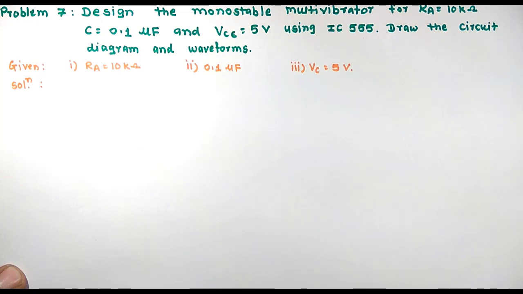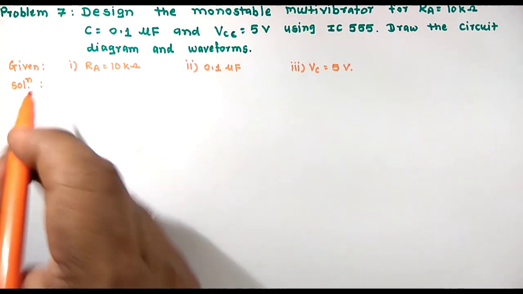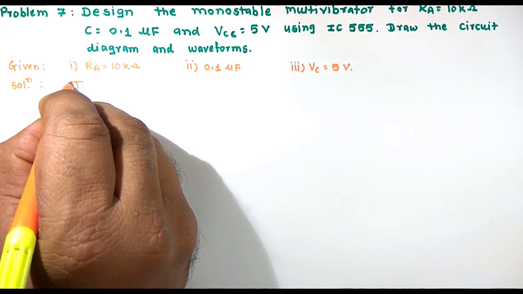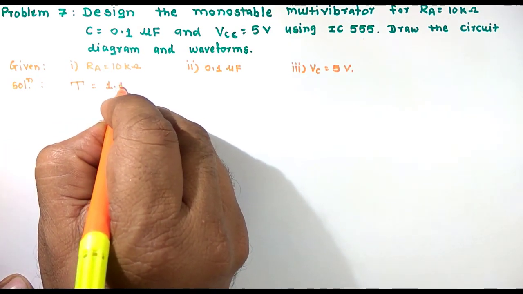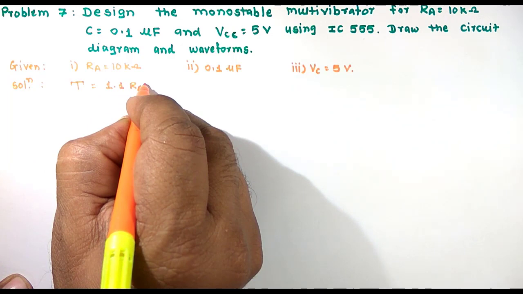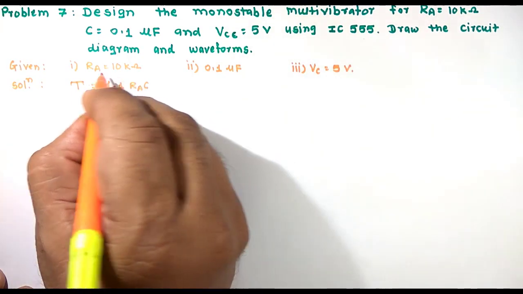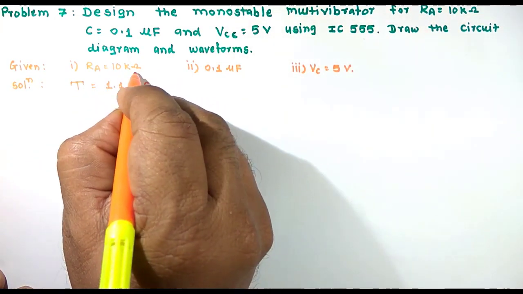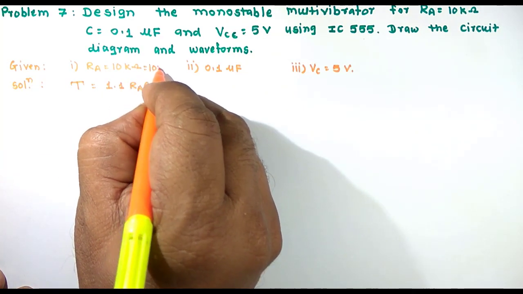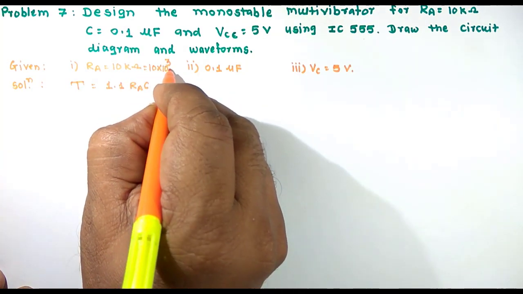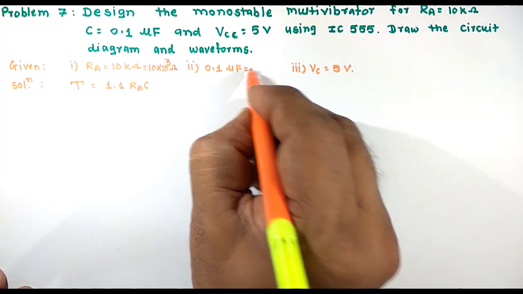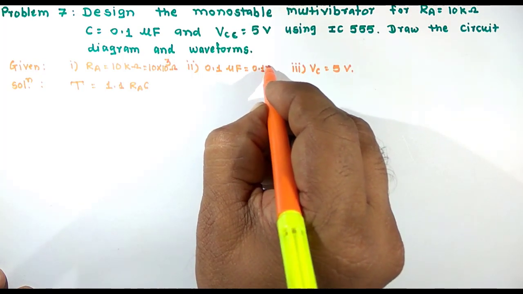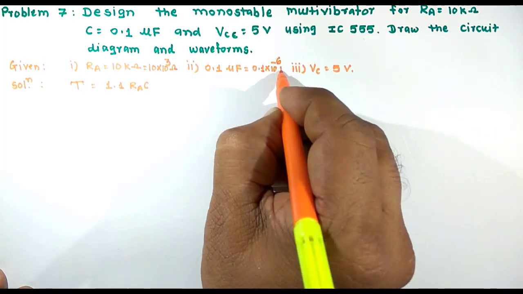We know that in a monostable multivibrator, the pulse width T is given by the equation 1.1 RA into C. Here RA is of 10 kilo ohm, meaning 10 into 10 raised to 3 ohm, and capacitance is 0.1 microfarad, that is 0.1 into 10 raised to minus 6 farad.